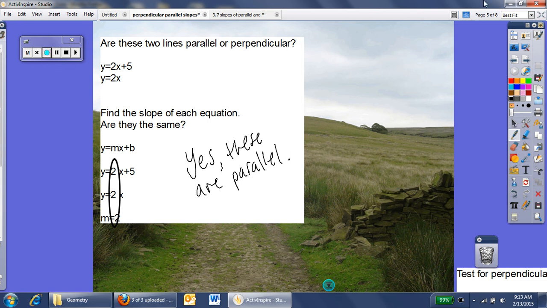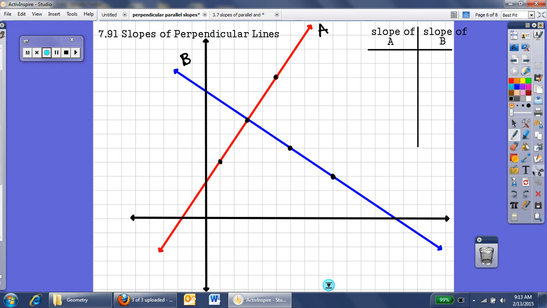Pretty quick check there. Let's look at a graph and see if we can determine if these lines are parallel or perpendicular. Really quickly, we can see that the lines intersect. So these lines are definitely not parallel. We want to see, though, if the lines are actually perpendicular. We need to find the slope of both lines.